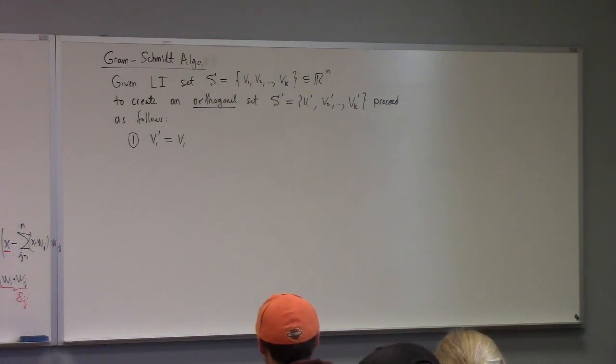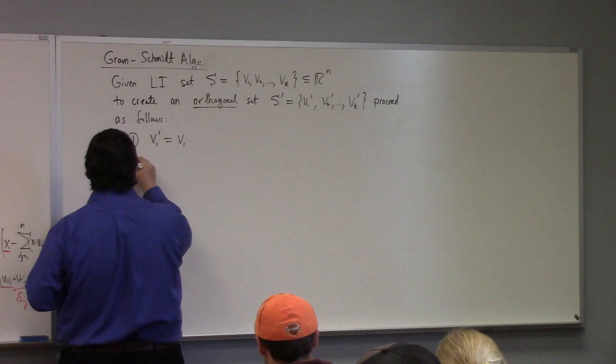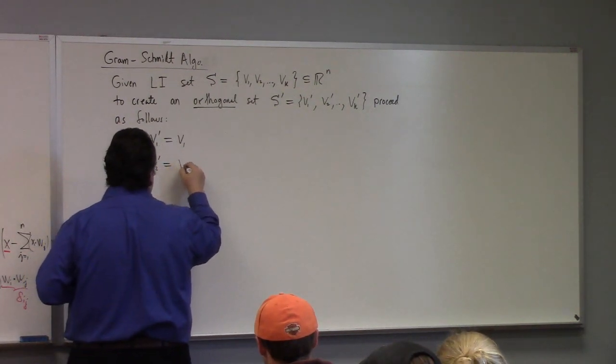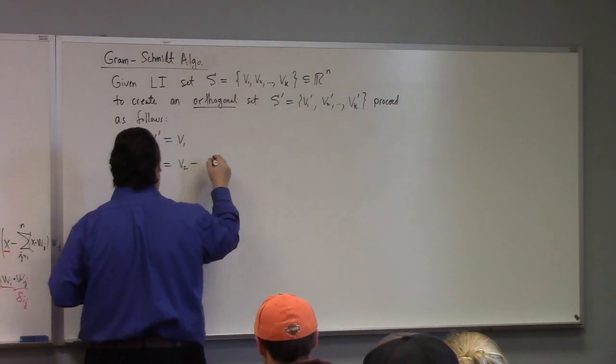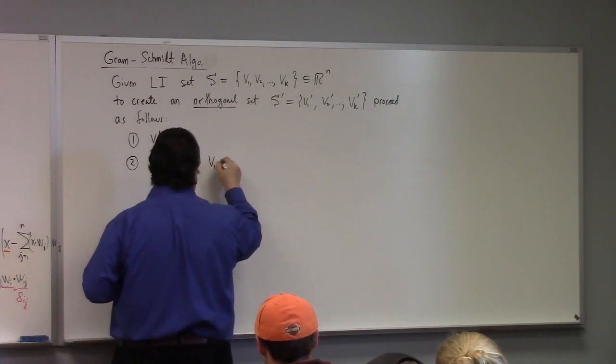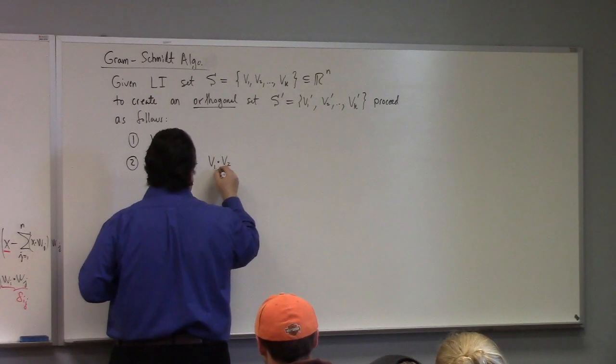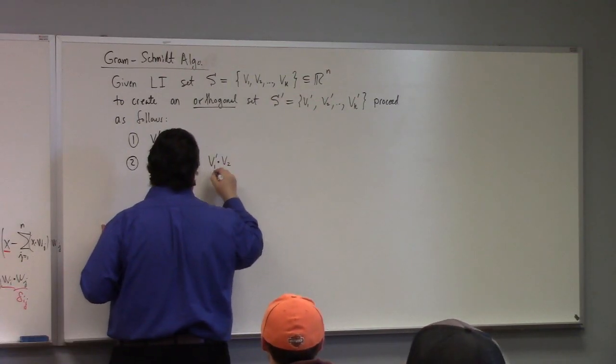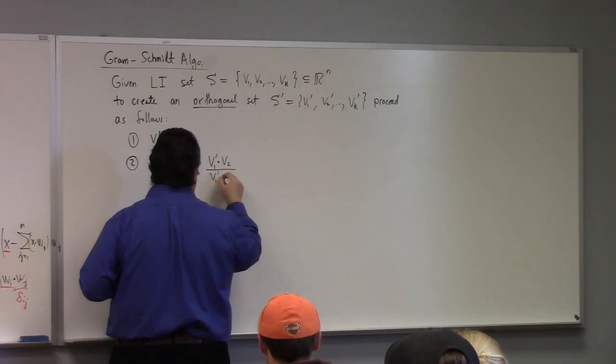All right, good. Step number two, V2 prime is equal to V2 minus, here we go, V1 dot V2, I probably should put a V1 prime here, divided by V1 prime dot V1 prime.